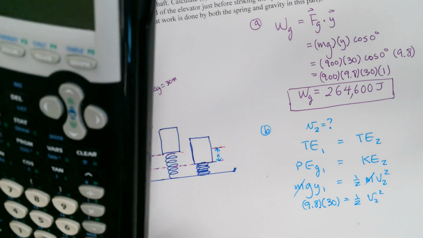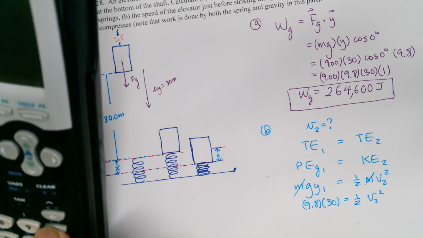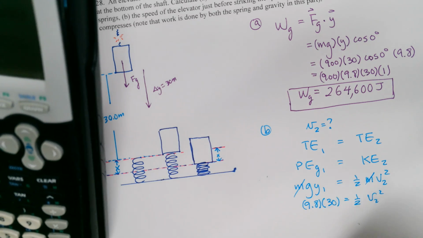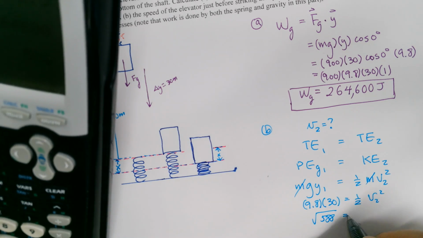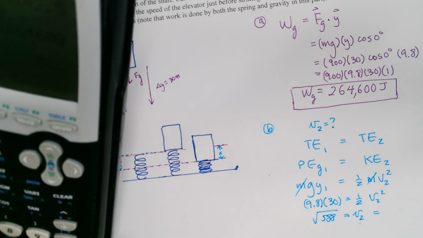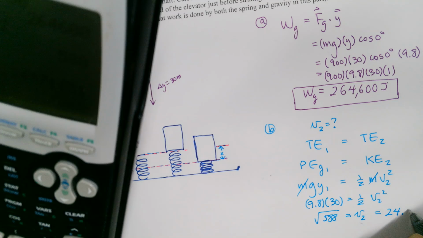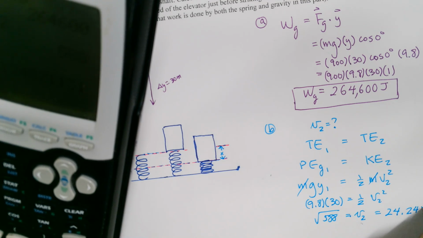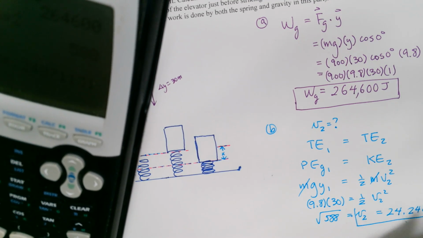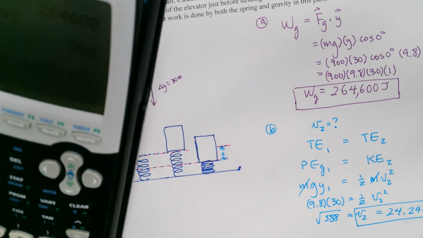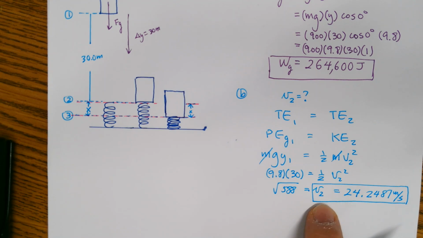So what is 9.8 times 30 times 2? So you're going to get the square root of 588 as my v2, which is 24.2487 meters per second. All right. That's how fast the elevator will be moving at position 2.